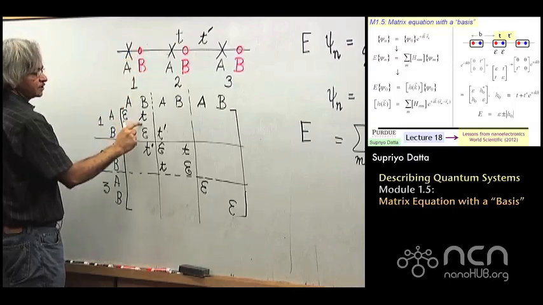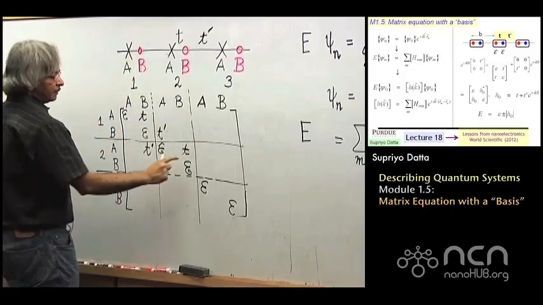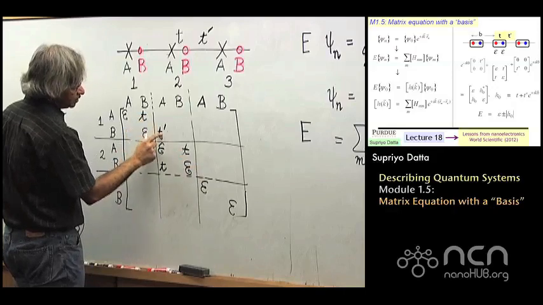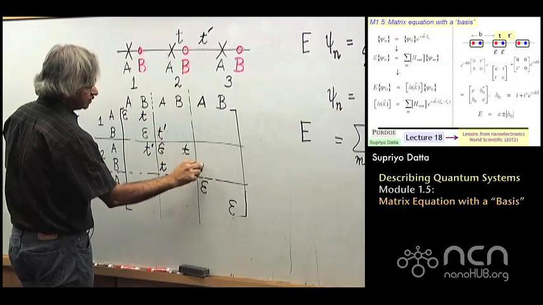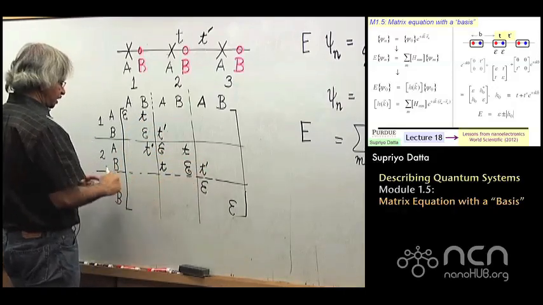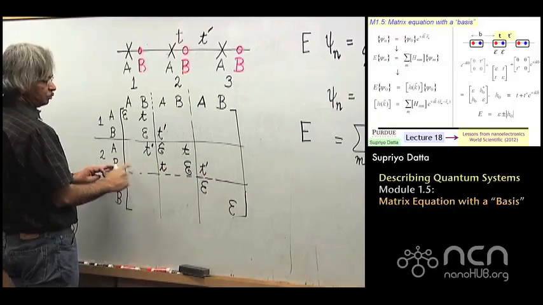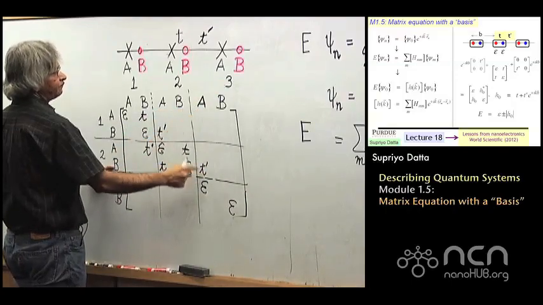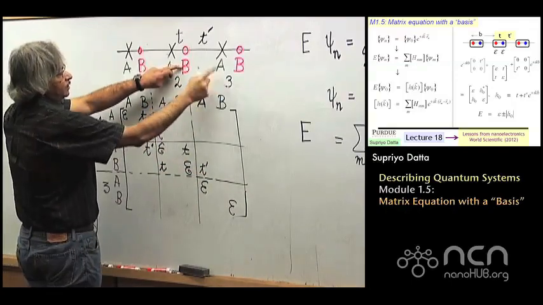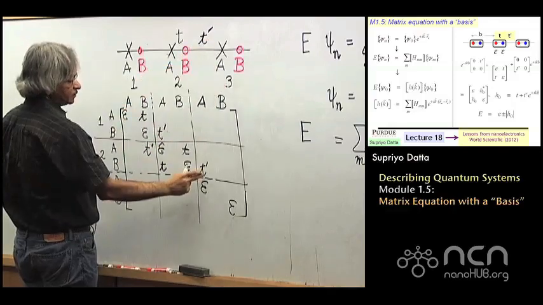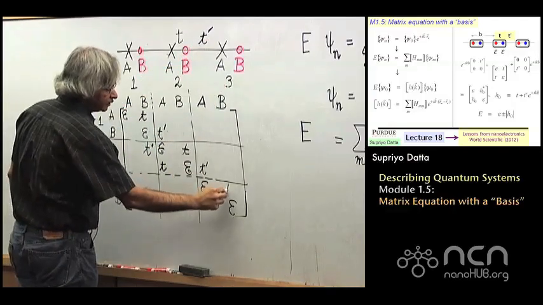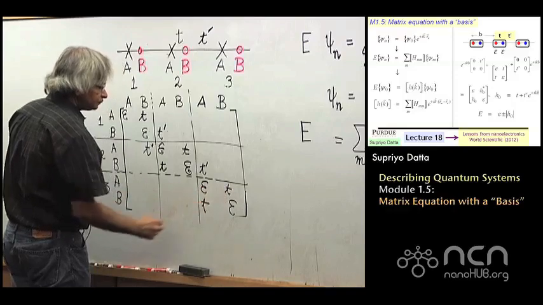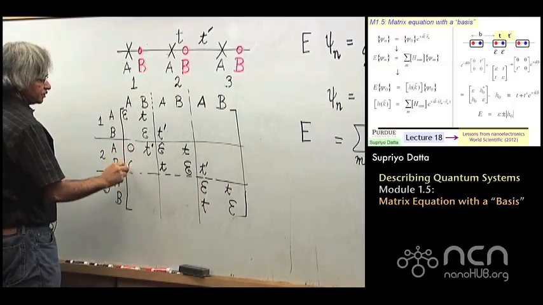That's that connection. That's T. But then when you go here, it's T, T prime, T, then again it will be a T prime, I guess. And you can check. We are talking about the connection between 2B and 3A. That connection is a T prime. So that's T prime, and then again back to T. Okay? And these are all zeros.